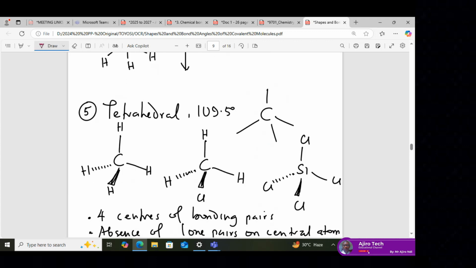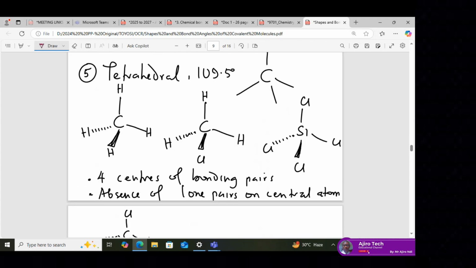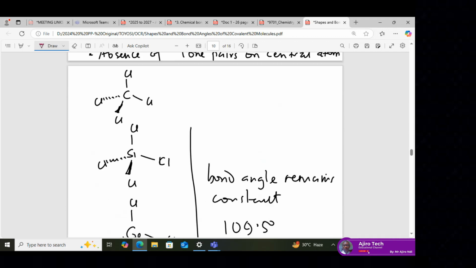Now, tetrahedral. In tetrahedral, there are 4 centers of bonding pair, no lone pair on the central atom. Do you get it? Yeah, that one is normal. CH4, for all of it, is for group 4 elements particularly. Carbon with 4 bonds, silicon with 4 bonds, they're all called tetrahedral. The bond angle is 109.5. Is that okay? Now, silicon.